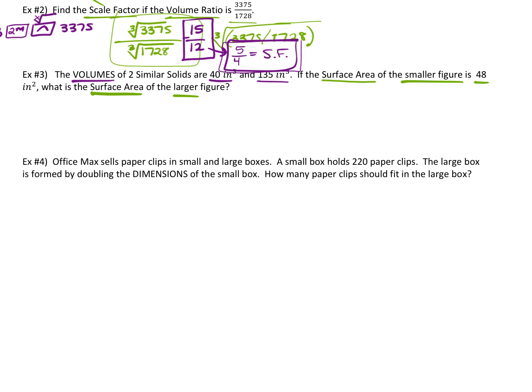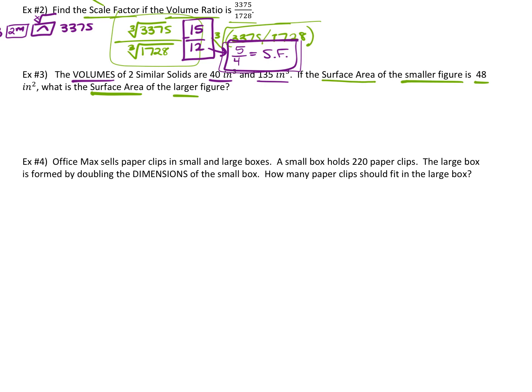The volumes of two solids are 40 and 135. The surface area of the smaller one is 48. What's the surface area of the larger one? Now, do you have a scale factor, an area ratio, or a volume ratio right now? You have a volume ratio, yeah.